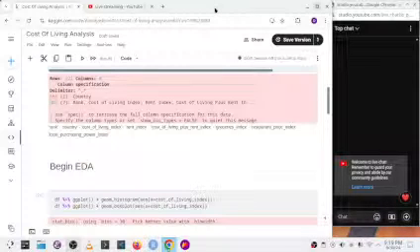The data has to do with various cost of living indexes around the world. We can take a look here. We've got cost of living index, rent index, cost of living plus rent index, groceries index, restaurant price index, local purchasing power index. We're still looking at the cost of living index here, okay?